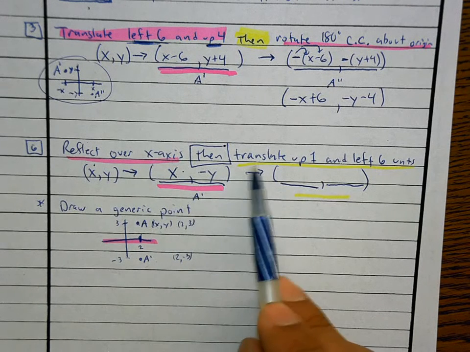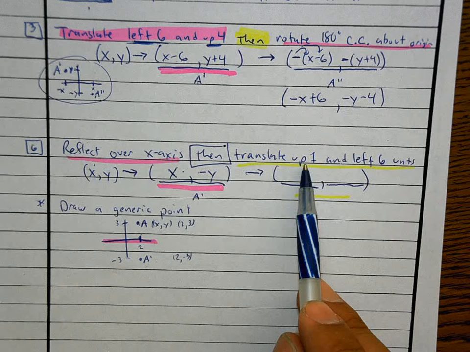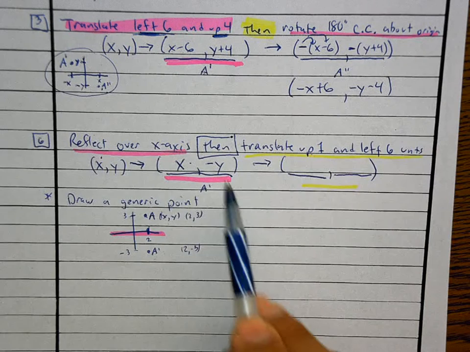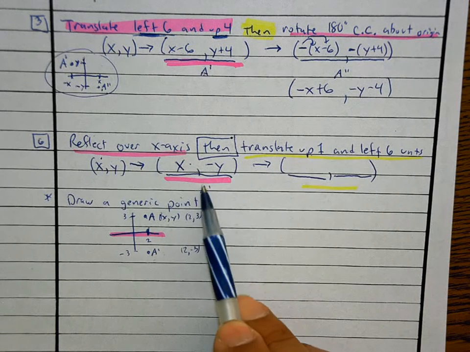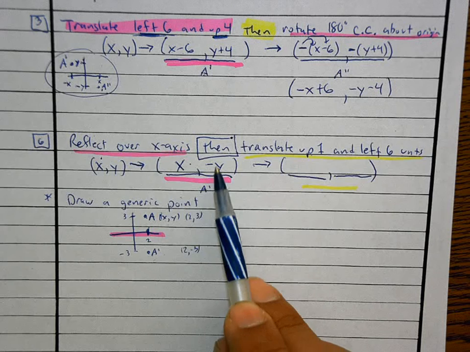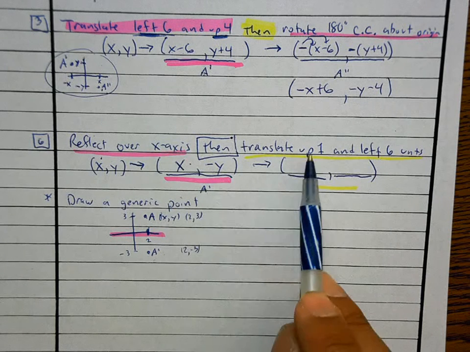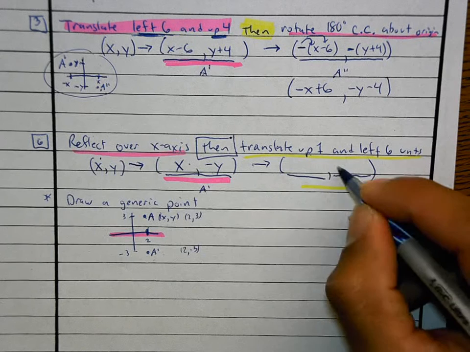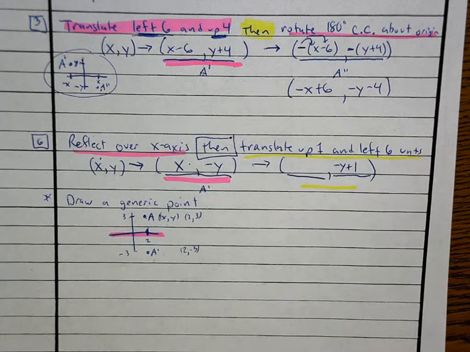Then translate it up 1, which means up 1. Does that affect your x or your y? Y. So wait, not just y plus 1. We have to take this y, the A prime, we have to move it up 1. So this negative y becomes negative y plus 1.